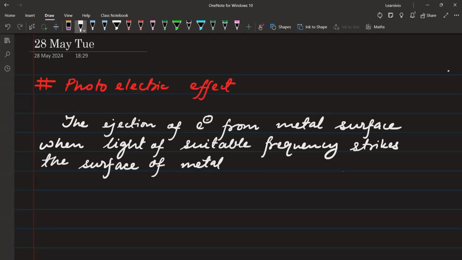So this whole phenomenon, ejection of electron from metal surface when the light of suitable frequency strikes the metal surface, is known as photoelectric effect. You can understand it very easily by two photos, rather.